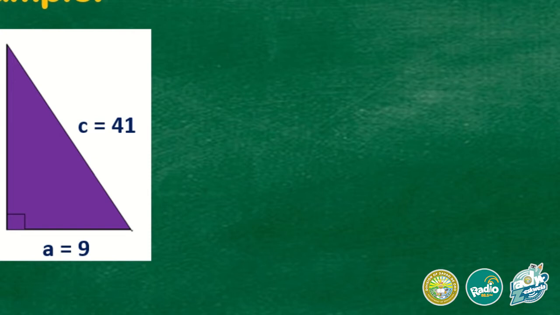How will we be able to solve it? Correct! We need to substitute the given values to the formula. a squared plus b squared equals c squared.